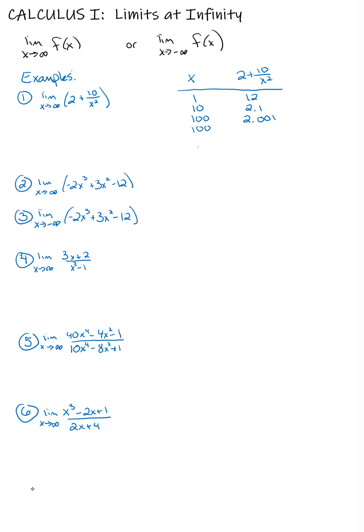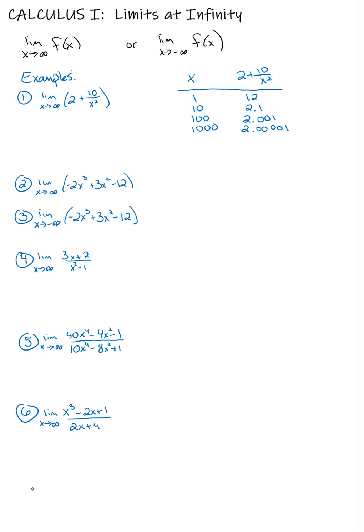All right, what about if x is equal to 1,000? 2 plus 10 over 1,000 squared. Again, take your time with this computation if you need. That's 2 and 1/100,000 is what we end up with.